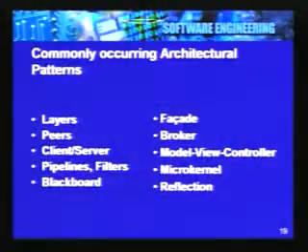Now we are going to look at some of the commonly occurring architectural patterns, which you see in all of these architectural approaches. We are talking about structuring your components in the architecture. For example, you may have layered architecture. You may have peers, client servers, pipelines, filters, blackboards, facades, brokers, model view controllers, microkernel, reflection and so on. So these are some of the important architectural patterns.